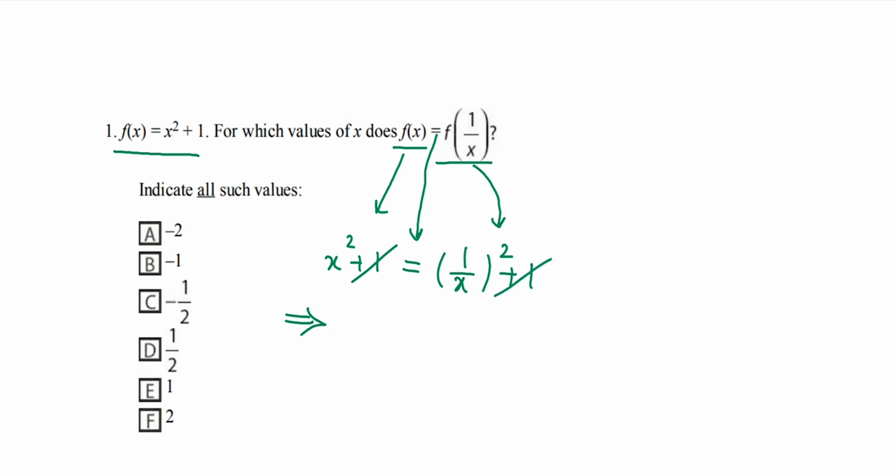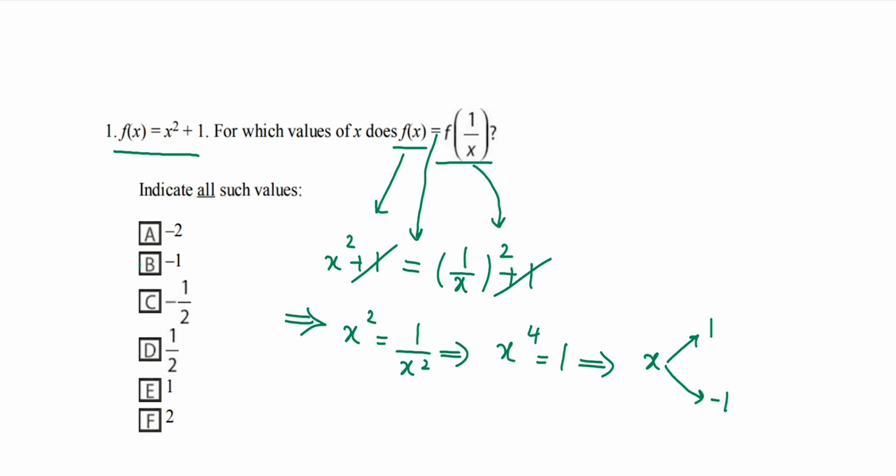We can cancel out 1. So x to the power of 2 is 1 over x to the power of 2. And x to the power of 4 is 1, so x can be positive 1 or negative 1.